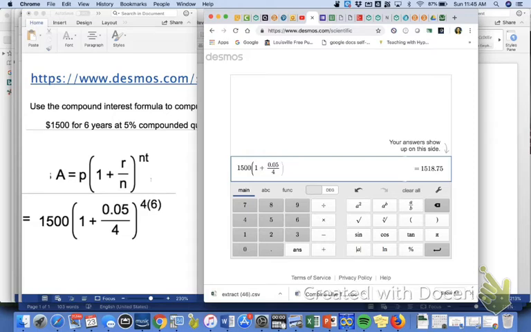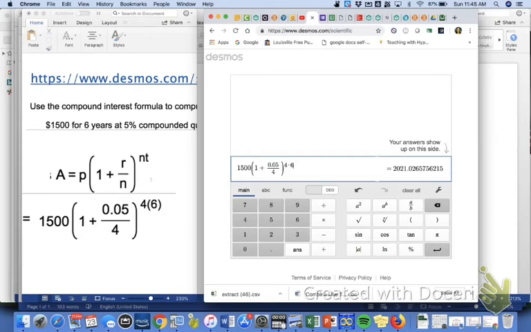I know you can't really see where my cursor is, and that's kind of a pain. But I clicked right here, so now you see my cursor is blinking outside. So now I'm going to click close the parentheses. To raise the exponent, I'm going to hit the little button that looks like the A to the B power right here. And it raises it, and it's going to be 4 times 6. And voila, there is my answer over there on the right hand side.